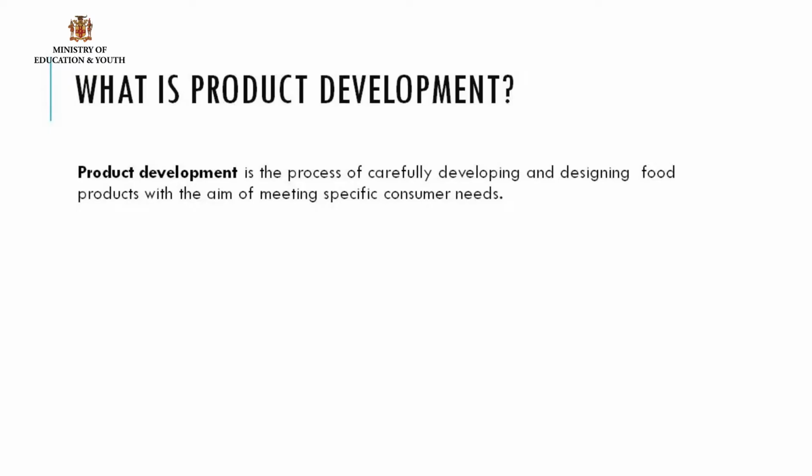What is product development? Product development is the process of carefully developing and designing food products with the aim of meeting specific consumer needs. It therefore means that you must consider a specific target group that the product will be developed for.